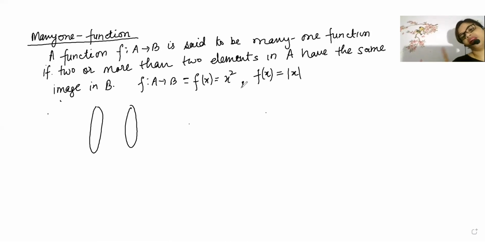Parabolic curves are many-one, and modulus is many-one.